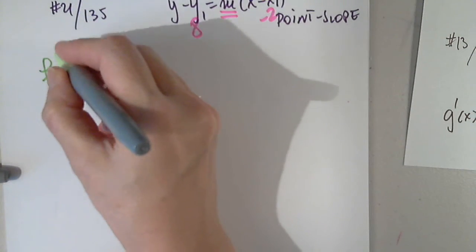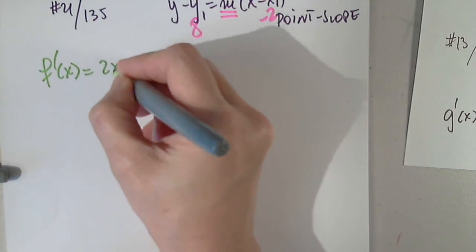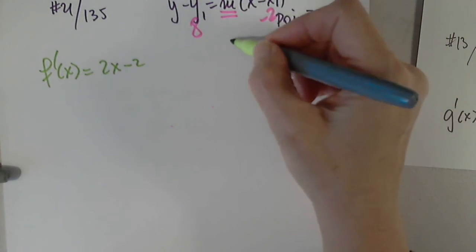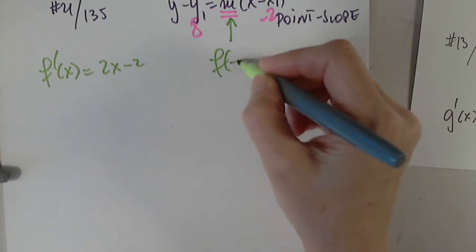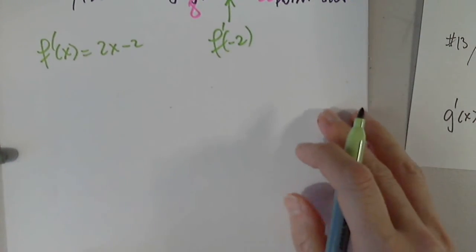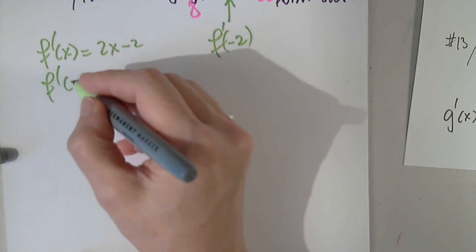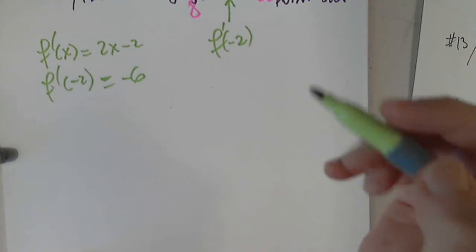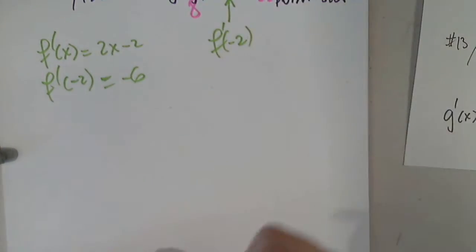So all I have to find is f prime of x, which is 2x minus 2, and evaluate it for x equals negative 2. This is f prime of negative 2. So when I plug in negative 2, I get negative 4 minus 2, which is negative 6. So this is negative 6.